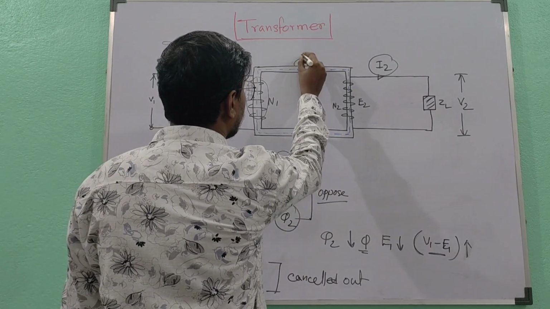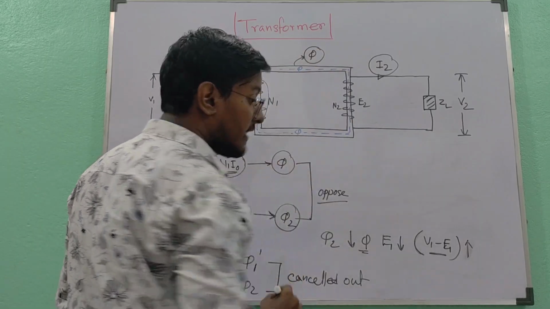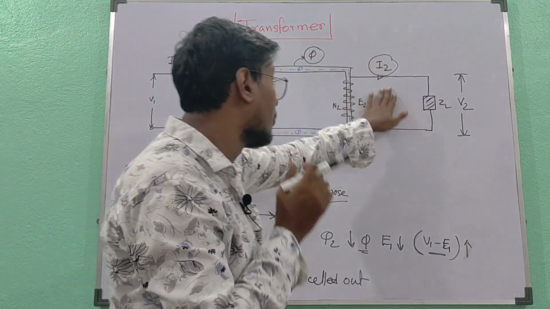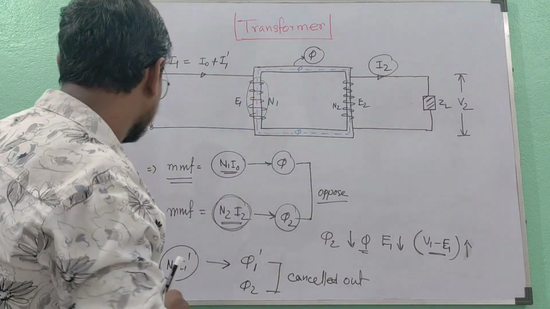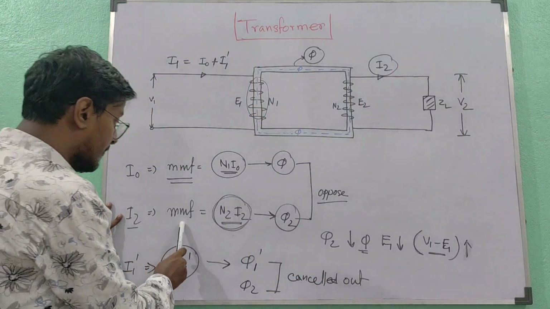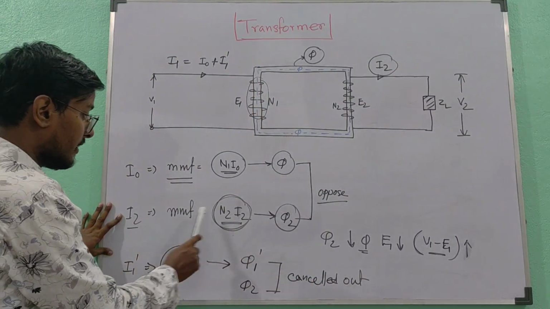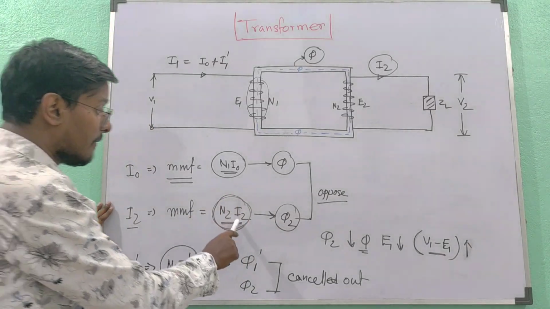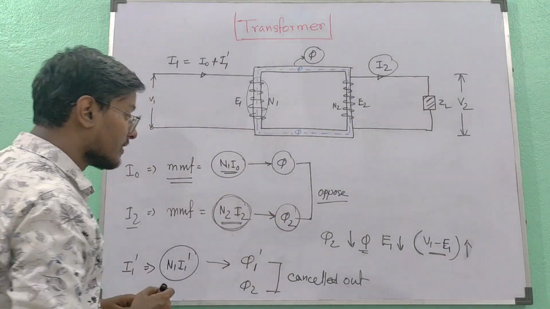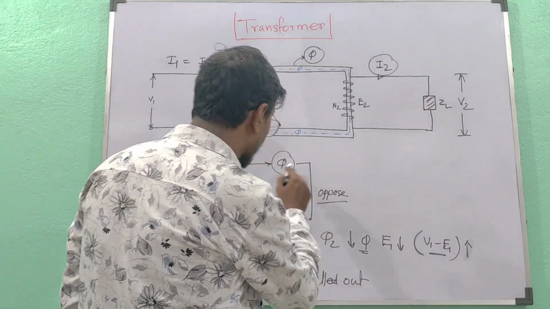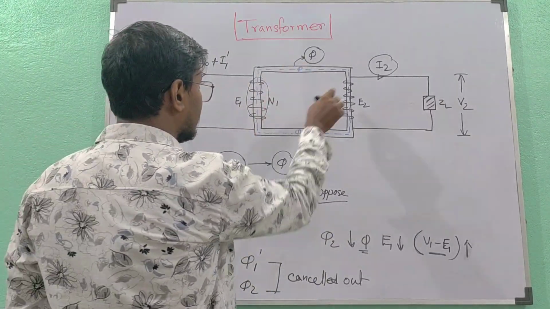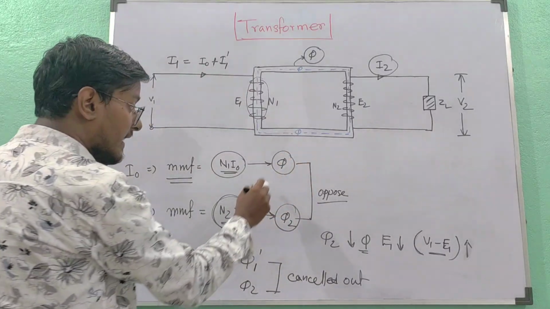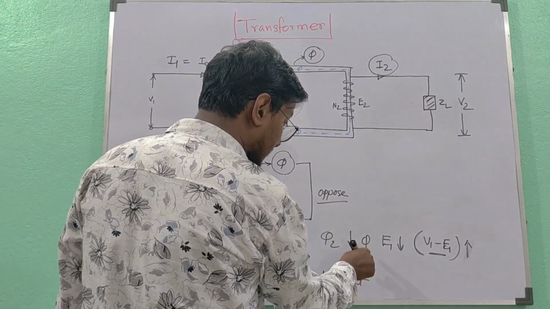Hence the flux phi in a transformer remains constant from no load to full load, because as you see, whenever we put load I2 in a transformer, that I2 will produce an MMF which is called N2 I2. This MMF or counterbalancing MMF will produce phi 2. This phi 2 tries to oppose phi, that means the mutual flux, the main flux of the transformer, and it will try to weaken the flux.